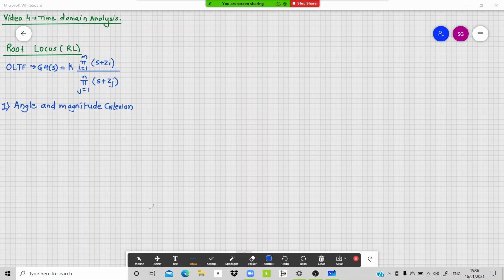Now I am talking about first formula, that is angle and magnitude criteria. When this criteria is getting satisfied, you will be able to say yes, this particular point is lying on the root locus.